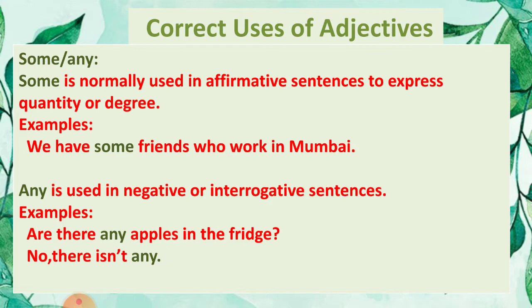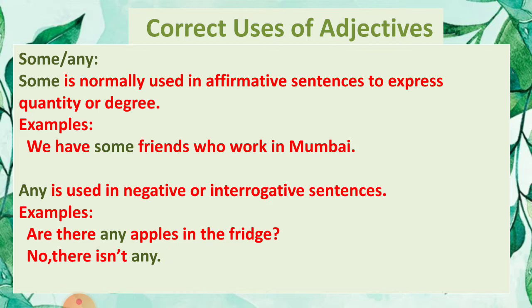Both some and any can be used with countable and uncountable nouns in interrogative sentences. So we use some in affirmative sentences, any in negative sentences, but some and any can be used before both countable and uncountable nouns in interrogative sentences.